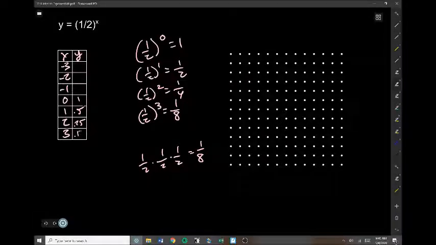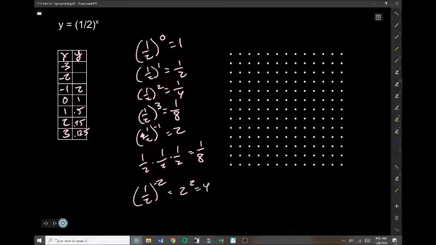An eighth is 0.125. A half to the -1 is 2. A half to the -2 is the same as 2 to the +2, which is 4. And a half to the -3 is the same as 2 to the third, which is 8.